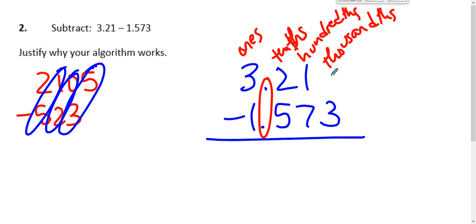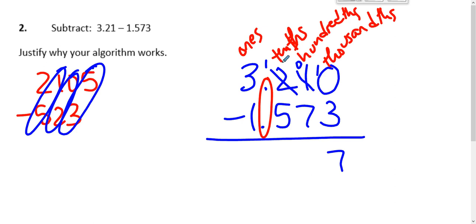Then you start at the rightmost place. You can't take 3 from nothing. Remember, that's nothing. So you borrow. You borrow 1 from the hundredths place, leaving that empty. That 1/100th is 10 thousandths. 10 minus 3 is 7. Then we play the same game. Can't take 7 from 0.